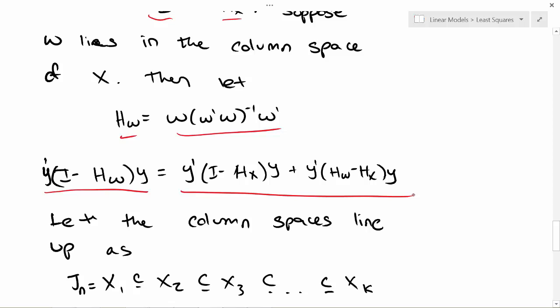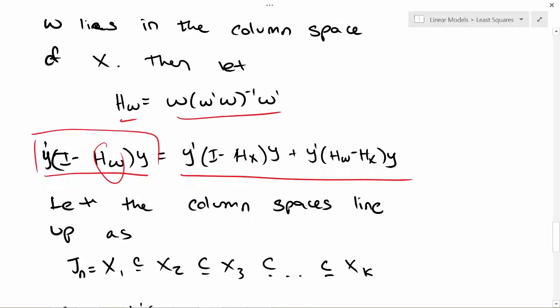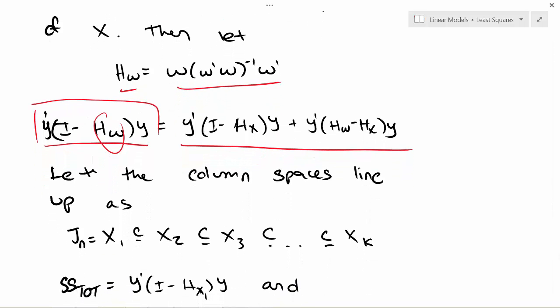Again, just the same logic as above. This is not SS total anymore. It's the sums of squares error for that specific model, the specific model with just W.